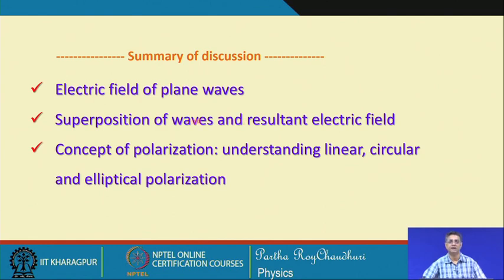We tried to understand the inclination factor that gives you the fringe width, which is very interesting. Then we looked at the superposition of two orthogonal plane waves, whose polarizations are orthogonal. In that case, we saw how you encounter linear, circular and elliptical polarization.